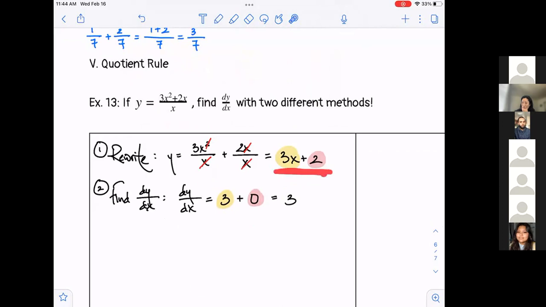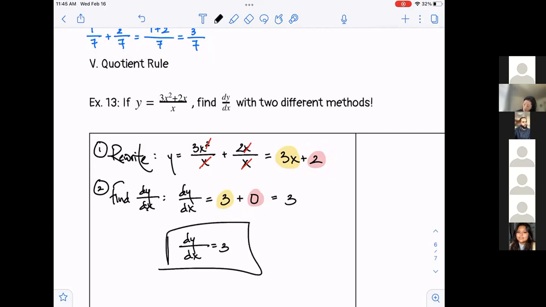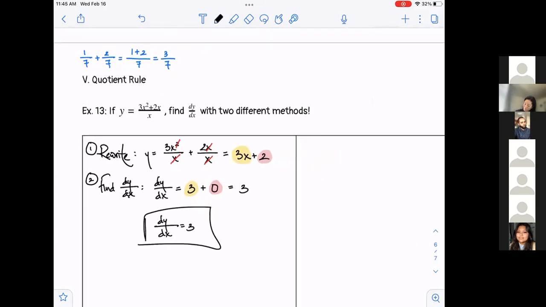Also, the slope of this line, 3x plus 2, is 3, right? Where this line crosses the y-axis doesn't actually change the slope. The slope is changed by the coefficient of the x, right? That's why the 3 stays, but the 2, that derivative goes to 0. All right, so then we get a final answer, dy dx equals 3. Great.